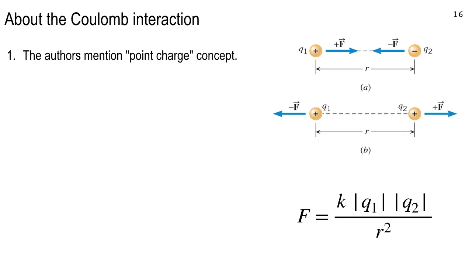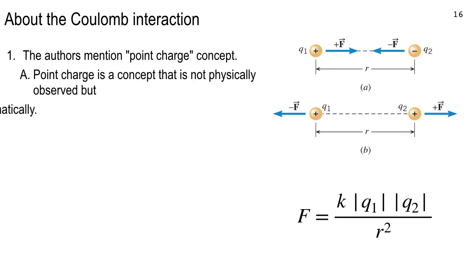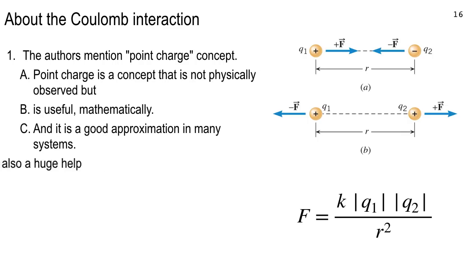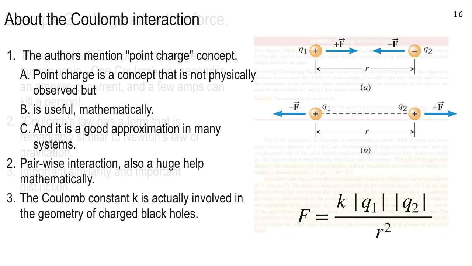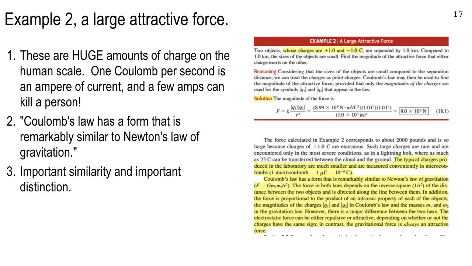Now, example 2, this is the one, oops, I went the wrong way, sorry. Okay, here's example 2, and I have a couple comments about this. Go ahead and read it. It's on page 480-something. They're using huge amounts of charge on this, and they admit it later in the paragraphs below.